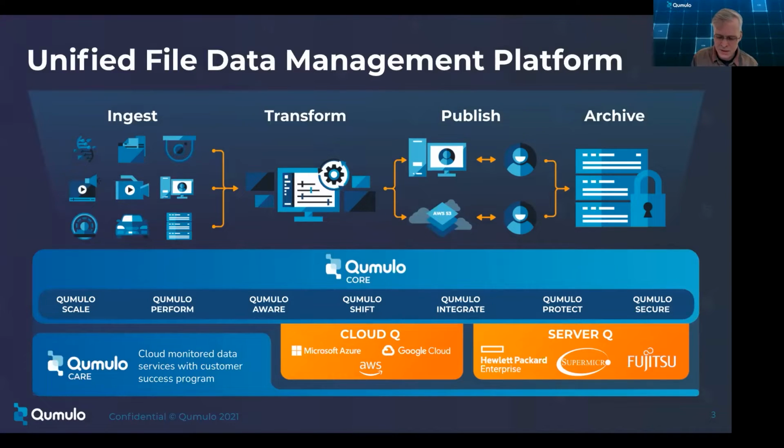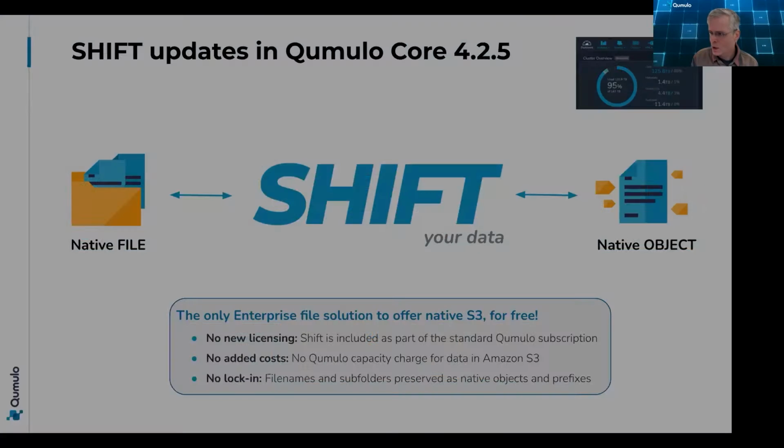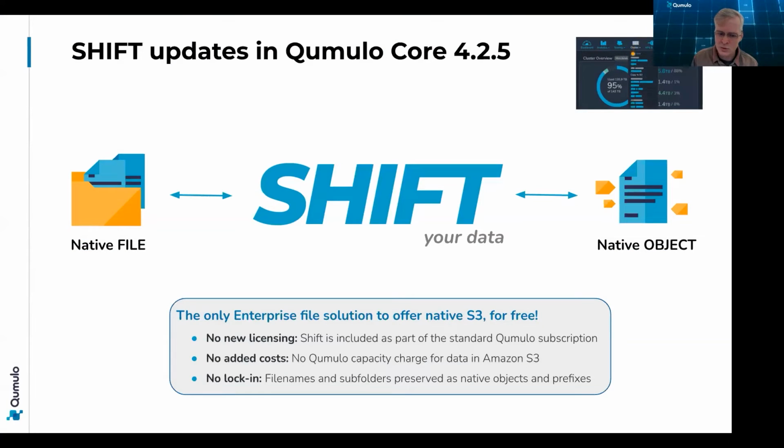And the second is the shift for Amazon S3 feature, which allows you to build a relationship between a local file path, which could be the entire file system or a subfolder within the file system, and then do a one-time copy of that directory structure to a native object on Amazon S3, which would preserve all of the directory structures as S3 prefixes and preserve the file name within the object name.